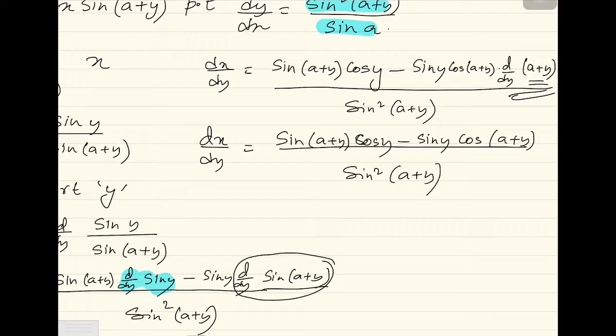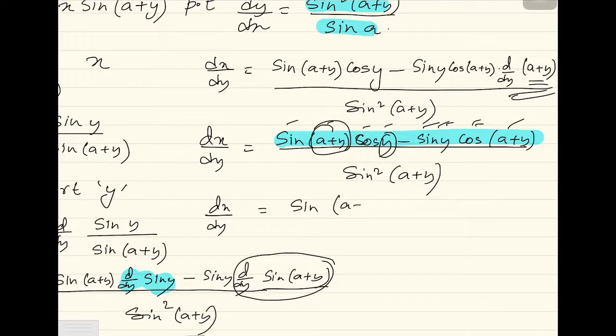Correct? Finally, doesn't this look like a formula, everyone? Check out the numerator. It looks like sin A cos B minus cos A sin B, isn't it? So there's a formula for that. What is the formula for sin A cos B minus cos A sin B? That's sin(A minus B), and here a + y acts as A, y acts as B, so sin a divided by sin²(a + y).